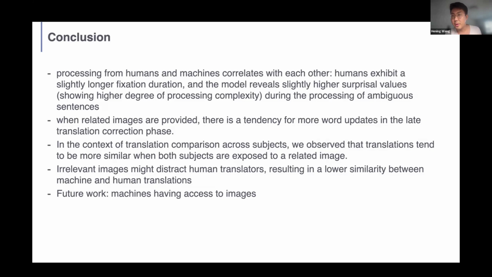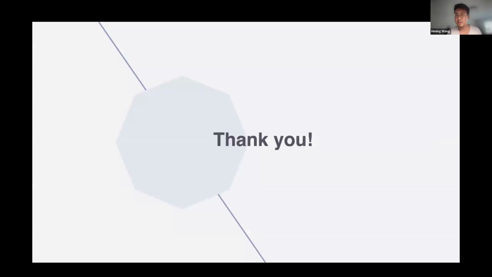And for future work, we want to give the machine translation system access to the image, then we could have a setup closer to our psycholinguistic experiment settings with human participants. So that's all. Thank you very much for your attention.